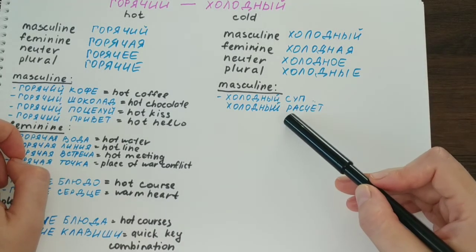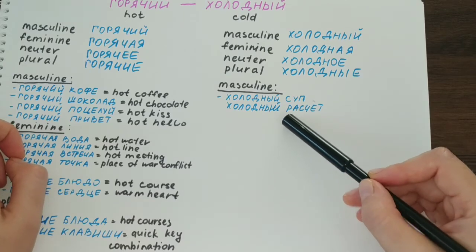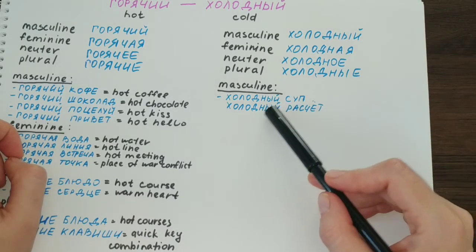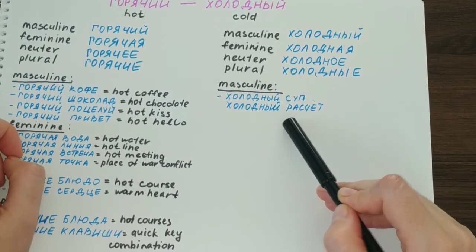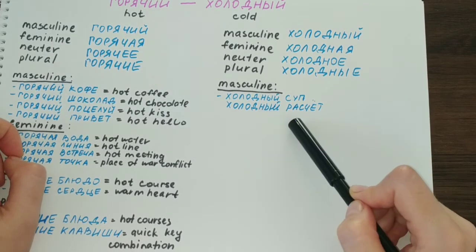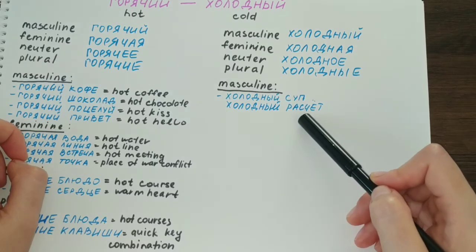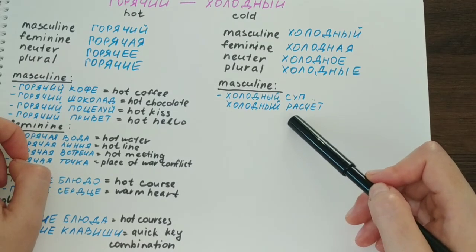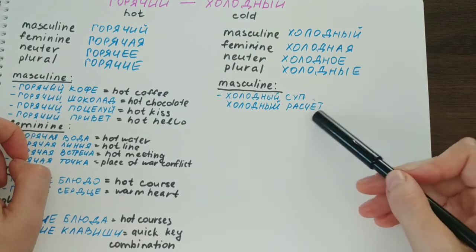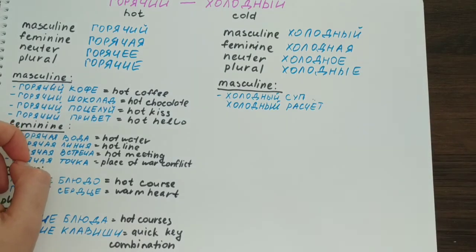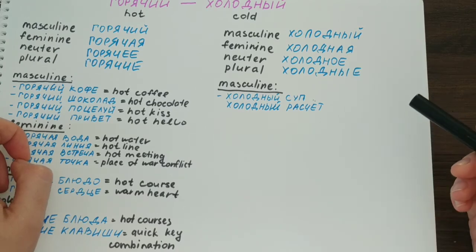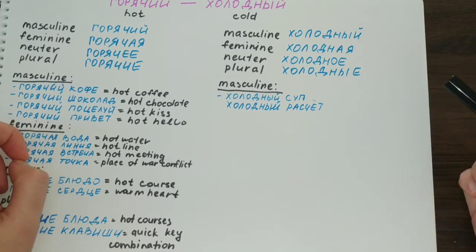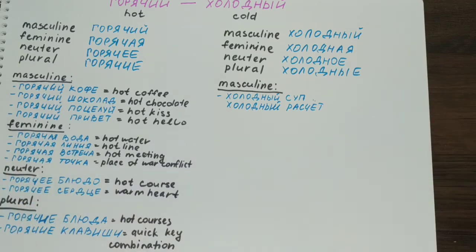And the second phrase with the adjective холодный is where it is used in its figurative sense, and here it is холодный расчет, which literally means cold calculation. It basically means that you do some calculation without any emotional attachment to it, just giving facts.